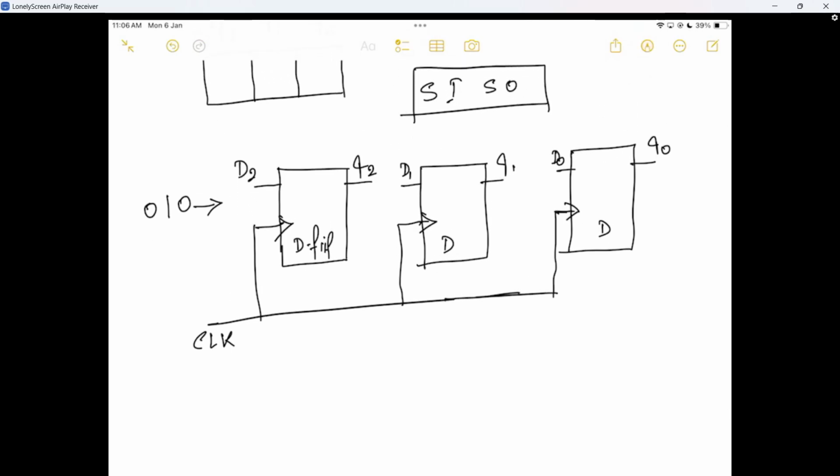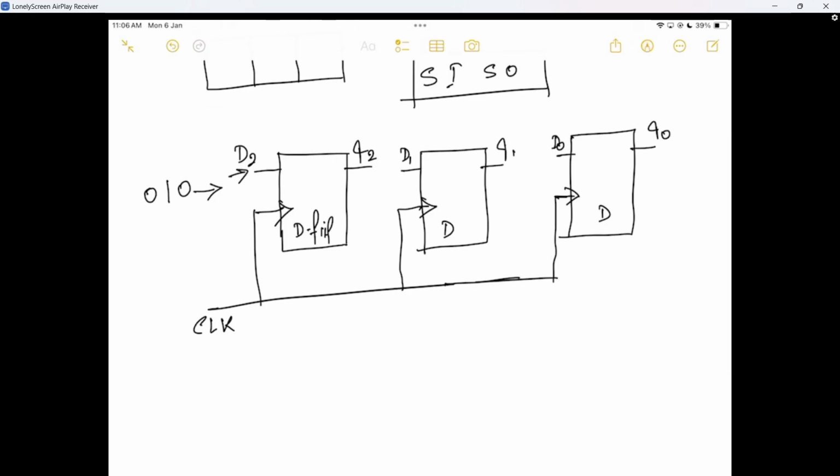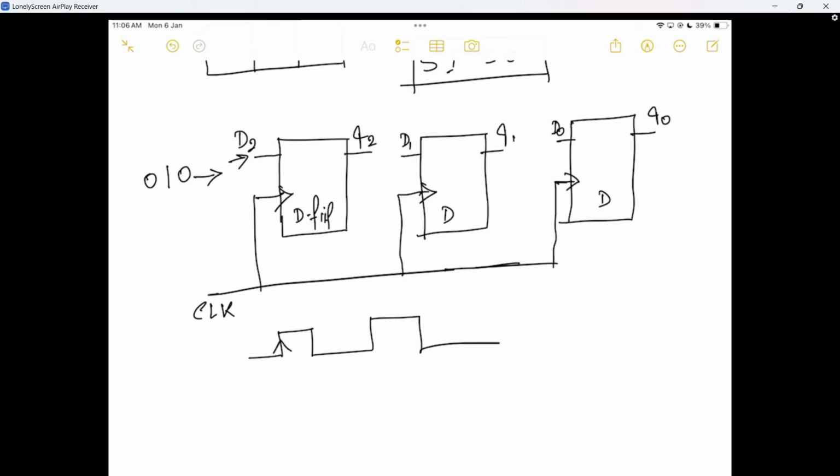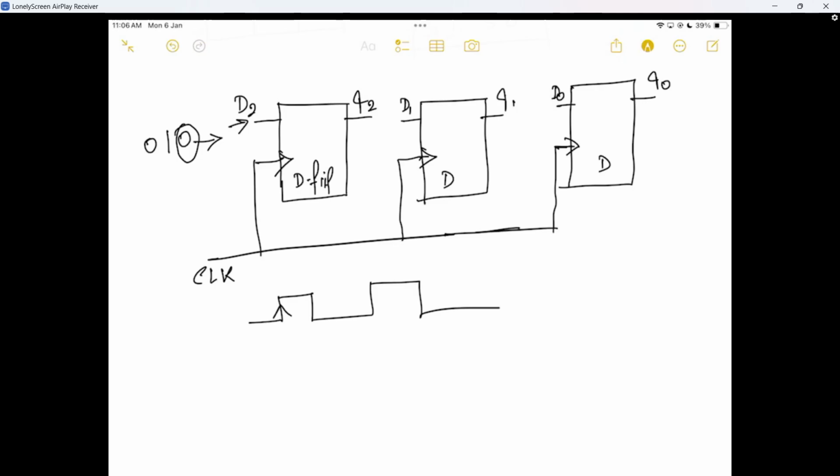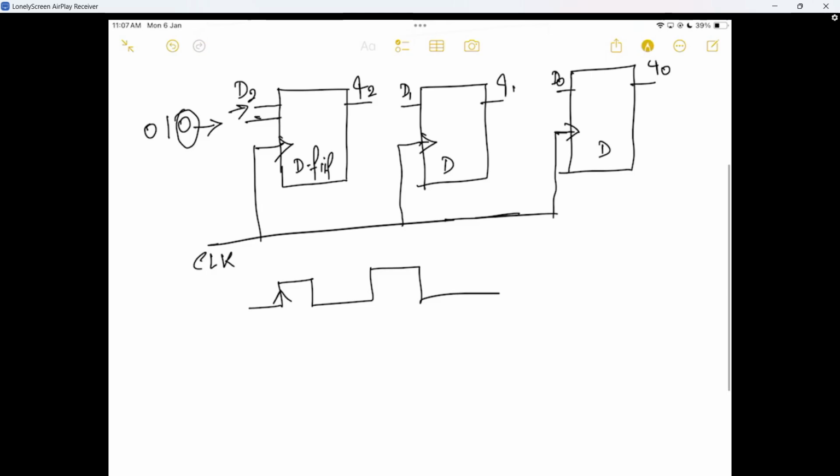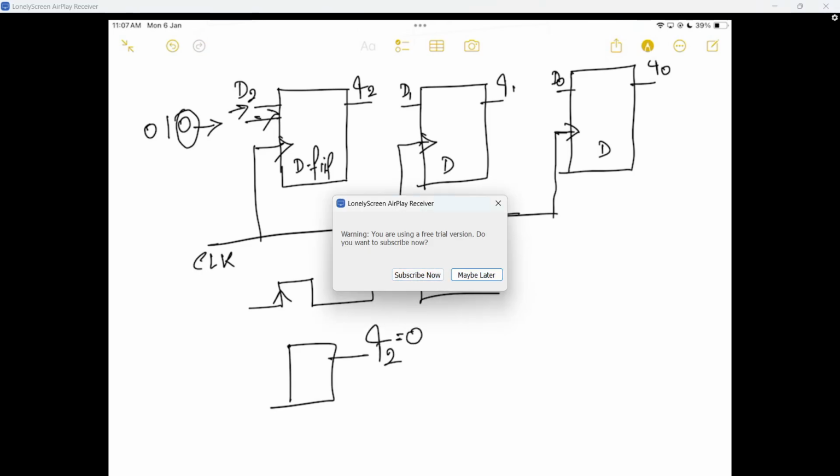When we give 0 to D2, if the clock is high, it's a positive edge clock. When the positive clock comes at the D flip flop, this 0 will be inserted to D2 and this flip flop's Q2 data is stored as 0.